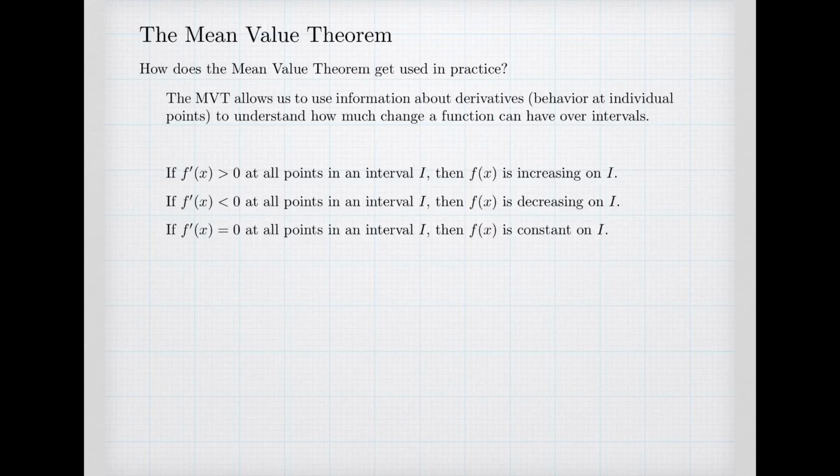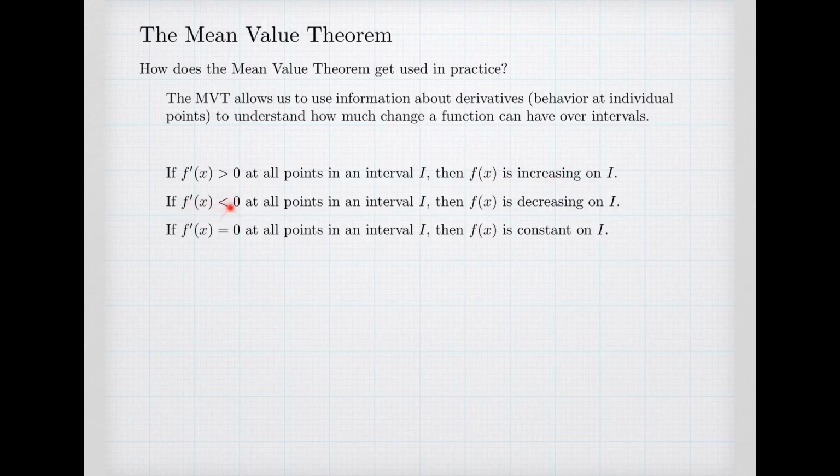The most common application is in terms of where the derivative is positive and negative. So if I know that the derivative is always positive, then the average rate of change always has to be positive, and that means the function is increasing.